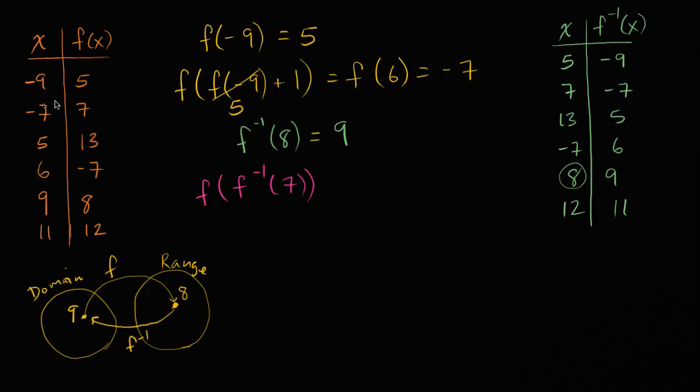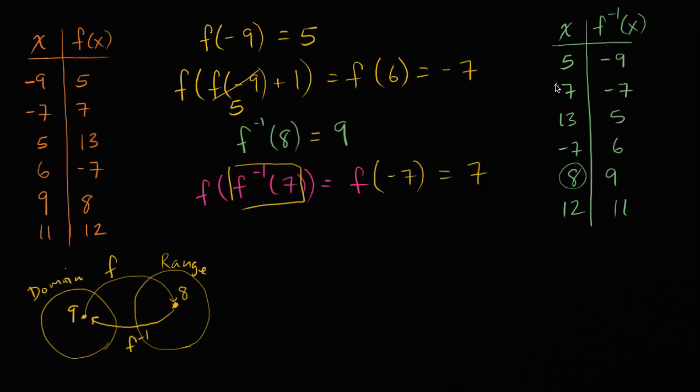So this is going to be f of this stuff in here, f inverse of 7, which we see is negative 7. So it's going to be f of negative 7. And then to evaluate the function, f of negative 7 is just going to be 7 again. And that makes complete sense. We mapped from 7, f inverse of 7 went from 7 to negative 7, and then evaluating the function of that went back to 7.